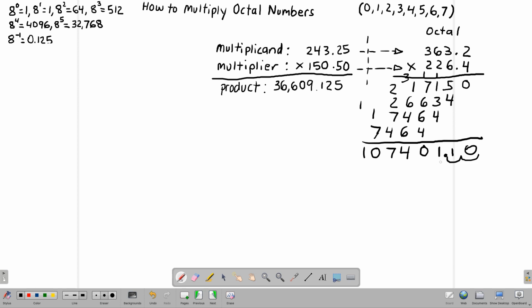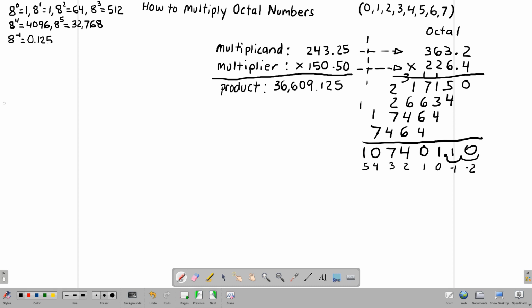So we know that the 1 here is in the 0th position, 0 is in the 1st position, the 4 is in the 2nd position, 7 is in the 3rd position, 0 is in the 4th position, and then 1 is in the 5th position. And then we have a 1 here to the right of the decimal. We said that that would be in the -1 position, because anything to the right of the decimal point, the exponent starts to become negative. The 0 would be in the -2nd position, but when you multiply that times 0, it's going to be 0, so we're not going to compute that.